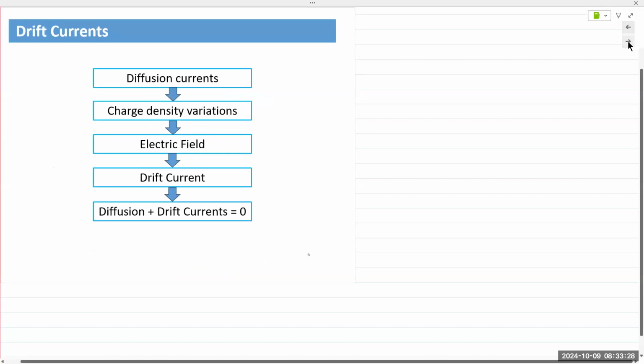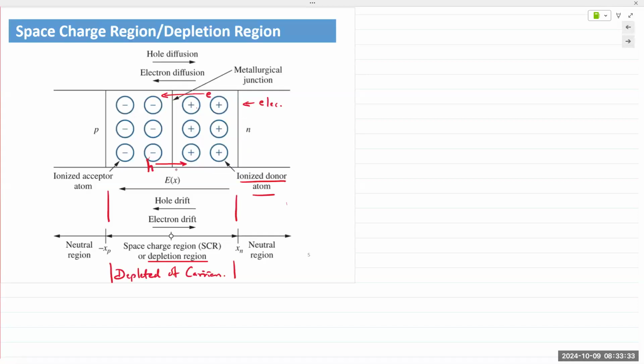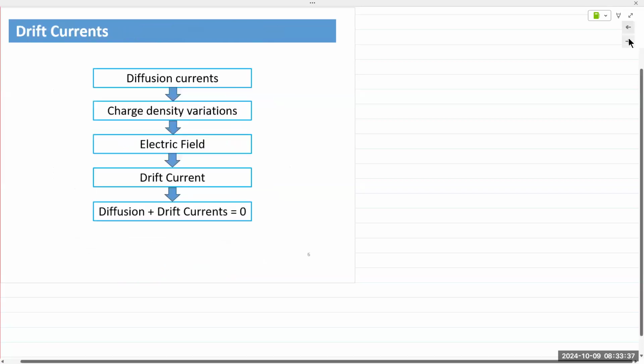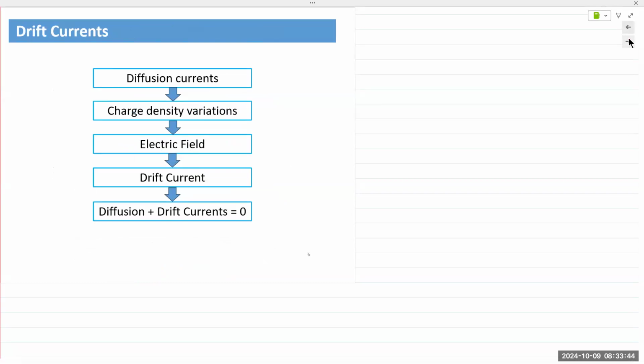So what happens is you have diffusion currents, and I want to point this out right here. Diffusion currents flowing through because of the diffusion effect of the charge carriers will cause localized charge density variations right around the junction.